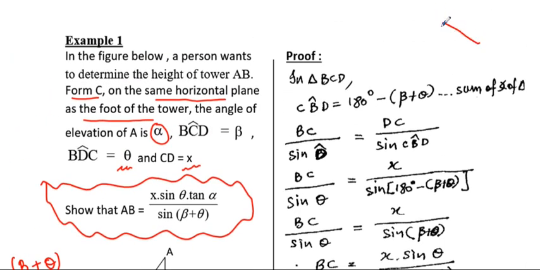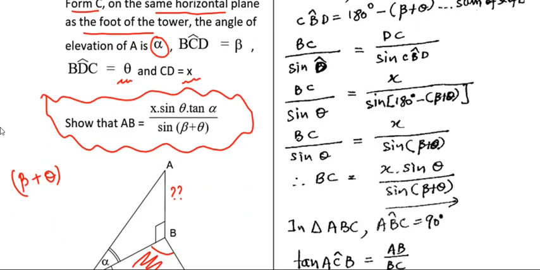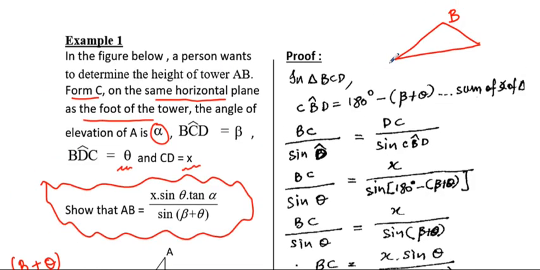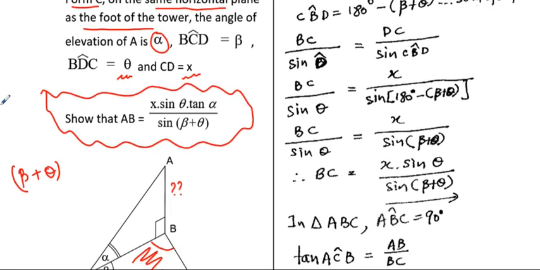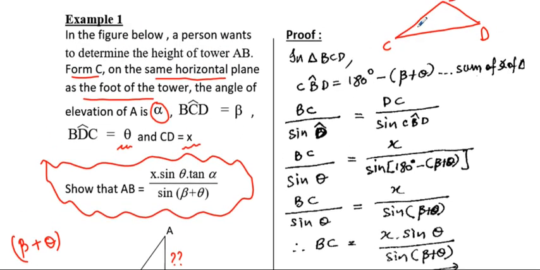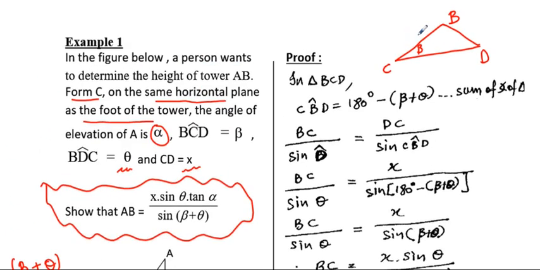So here's BDC. That's B, that's C, and that's D. So this happens to be beta, and this happens to be theta. So now you can understand this is x. It's easier to work in this triangle rather than looking at the original triangle.